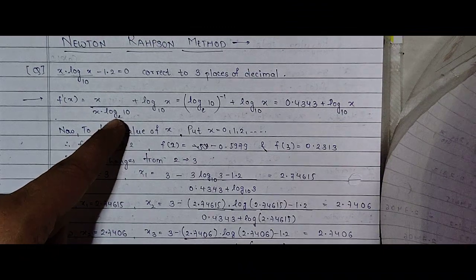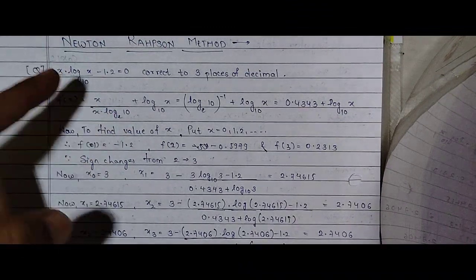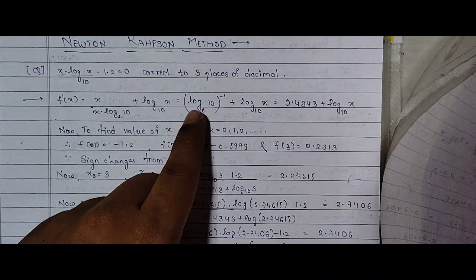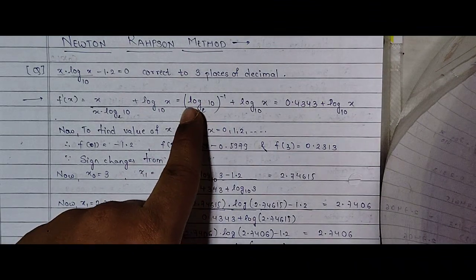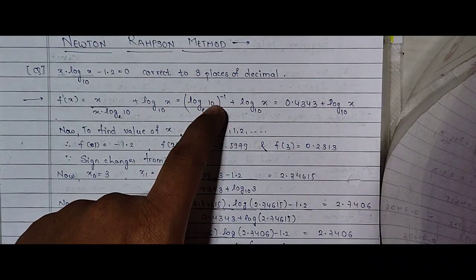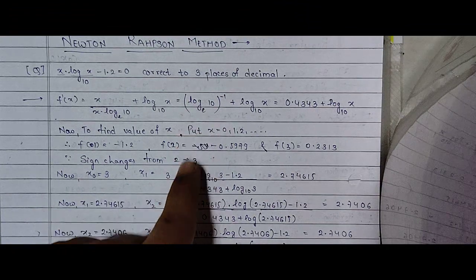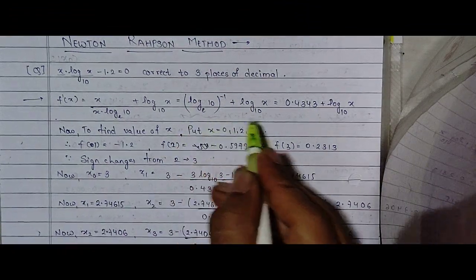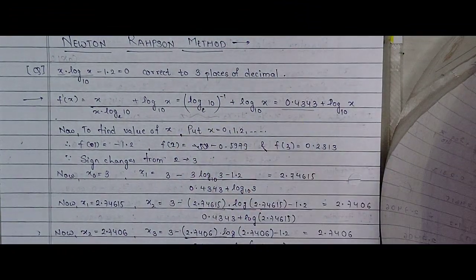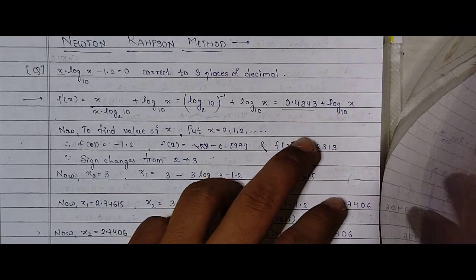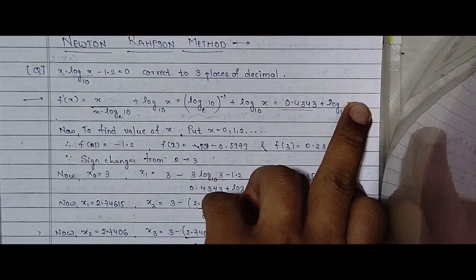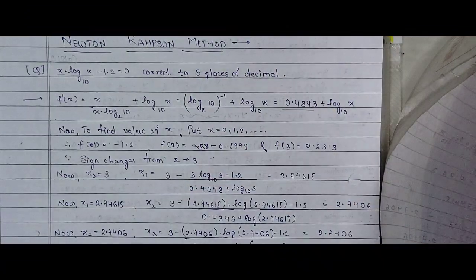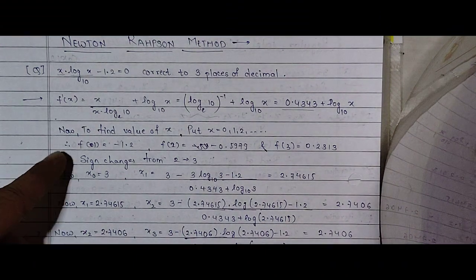So we have done that only here for getting this. So guys, you know that log base e 10 minus 1, its value is 0.4343 plus log base 10 x. So this is our derivative.